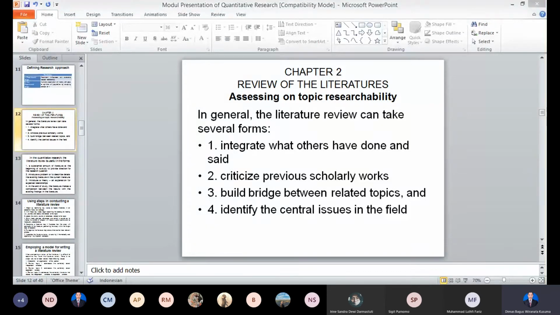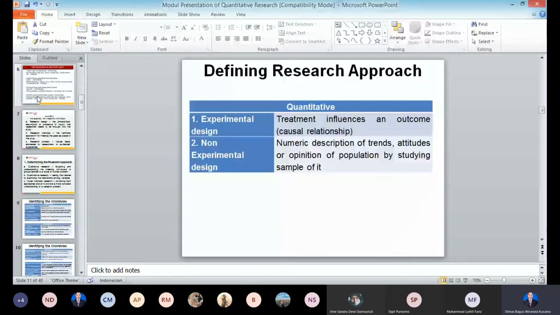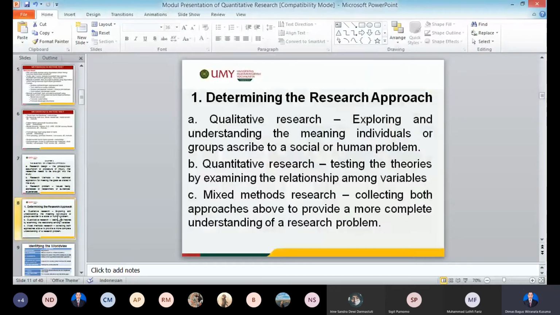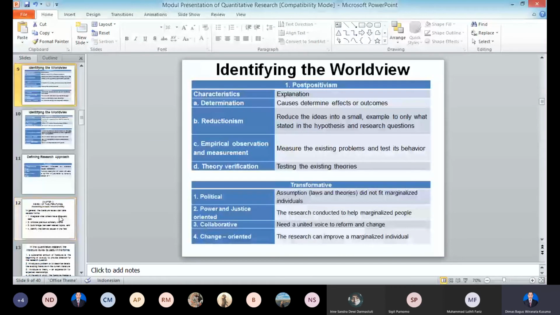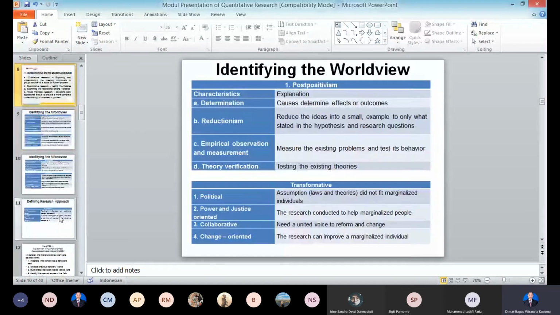And maybe I want to get your views by putting in my class: what approach of research do you have in mind, particularly qualitative research? Whether you are post-positivism, transformative, constructivism, or pragmatism.